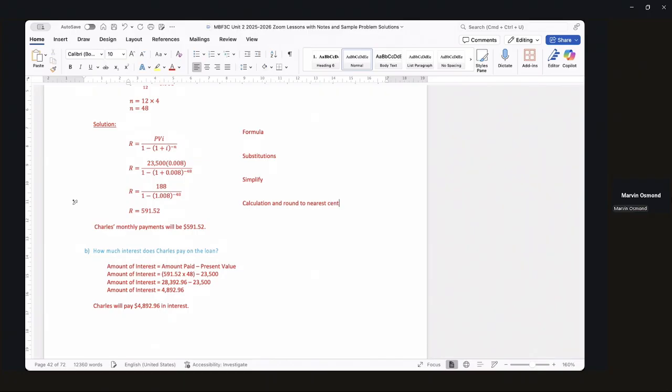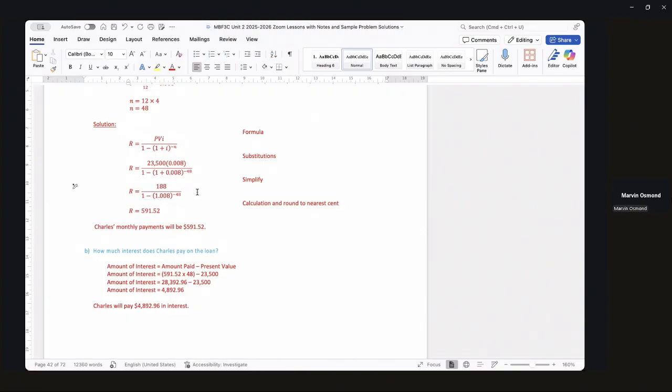Or nearest penny. Okay. So we've done the substitutions right here. 23,500 times 0.008 works out to be 188. And then 1 plus 0.008 is 1.008. And then we leave everything else as it is.